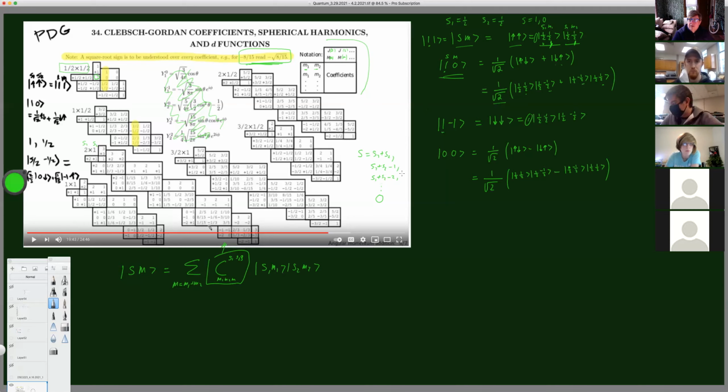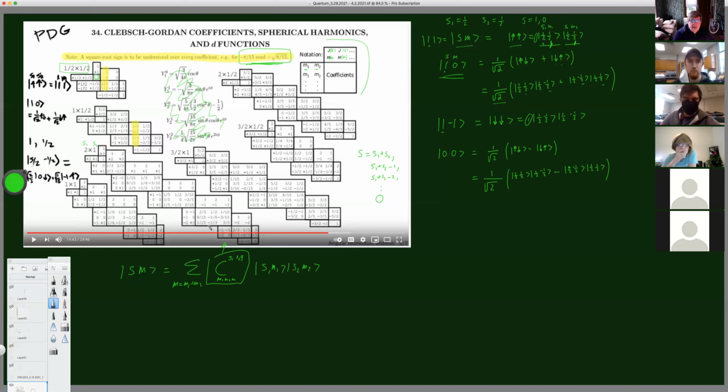Last one is the singlet state, 0, 0. Total S is 0, total M is 0, and the M's are over here again.